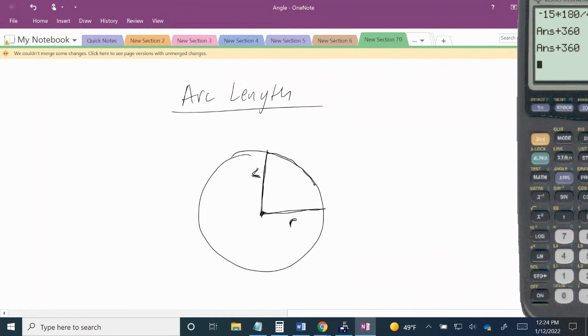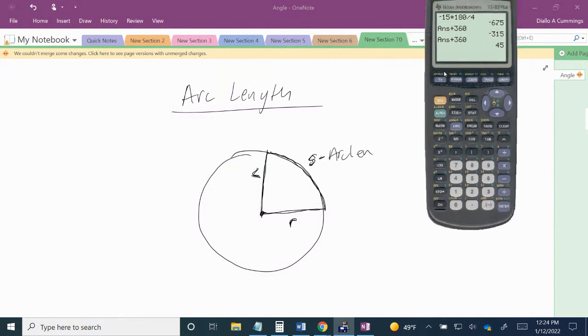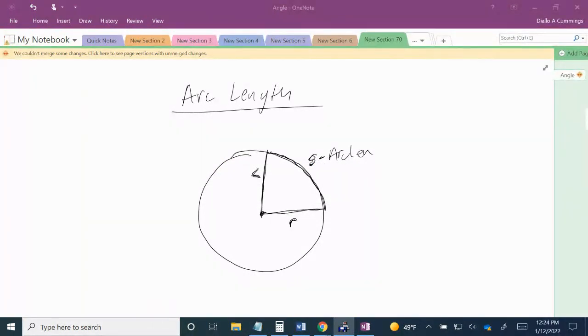Notice that the region between the rays, this is our arc length, which is S. So S is the arc length, and we have a central angle, which is theta.